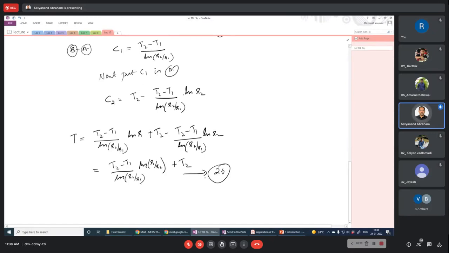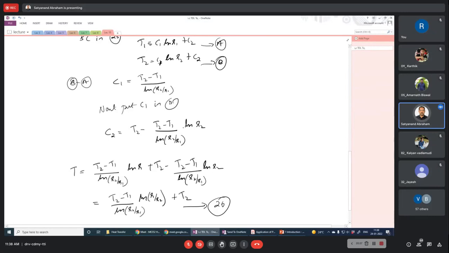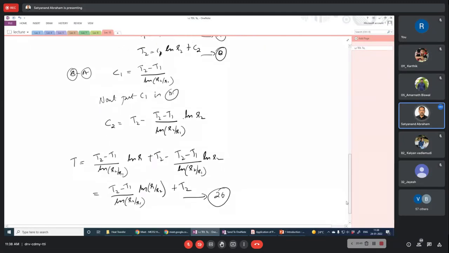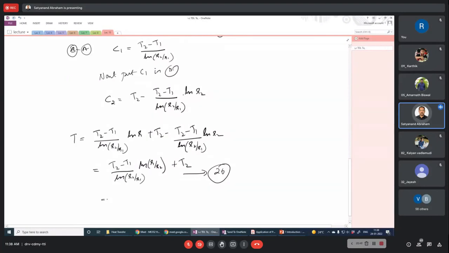There is one more equation we can write here. If we put C1 in equation A, we get the temperature in terms of T1 and R1. That also is the same thing.